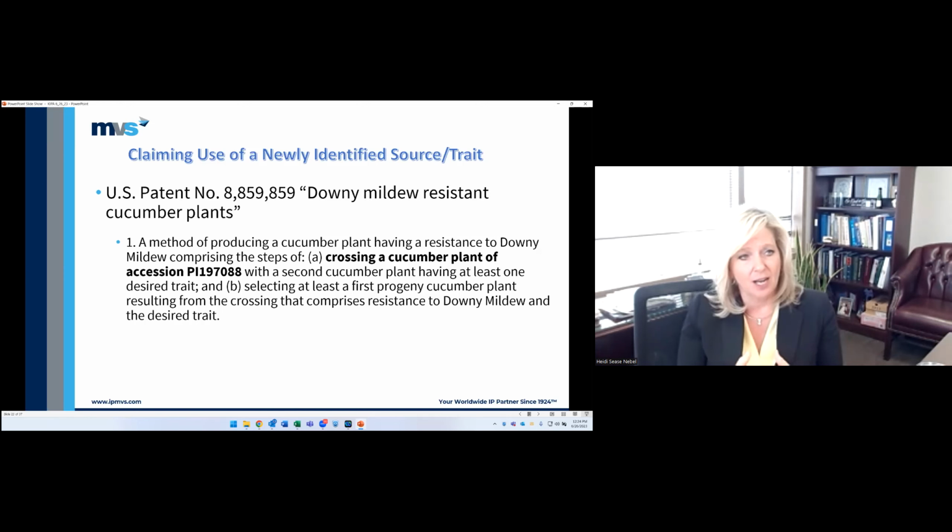So now we've got this variety where we have a consistent reproduction of the traits of the variety that also now have the downy mildew resistance from that original unique accession. So we deposit that accession and claim an exclusive right to that as a source of the resistance.